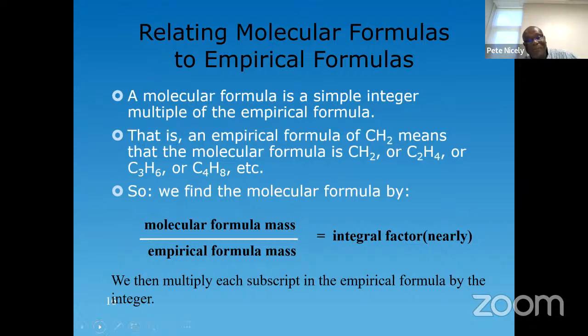The empirical formula mass is the same thing as far as the empirical formula is concerned. You take the sum of all the atomic masses of the different elements according to the empirical formula. Then you divide the molecular formula mass by the empirical formula mass, and that gives you the integral factor. Then you multiply the empirical formula by that integral factor to get the molecular formula.